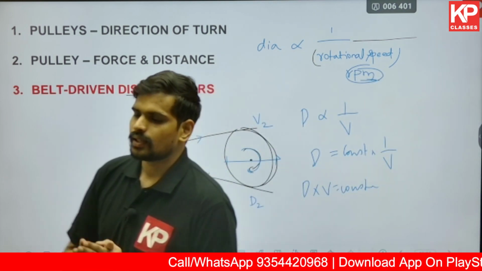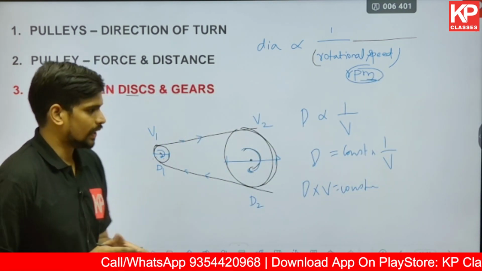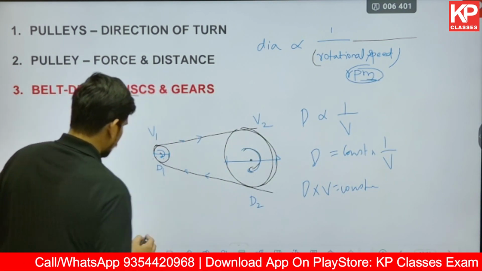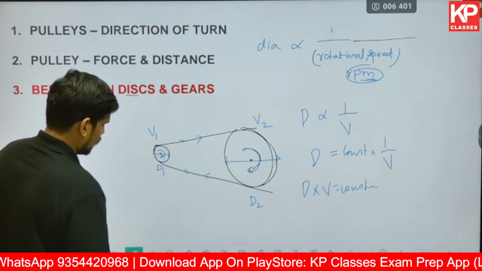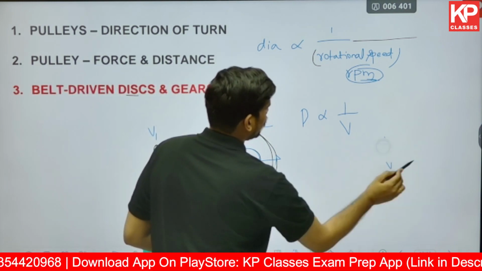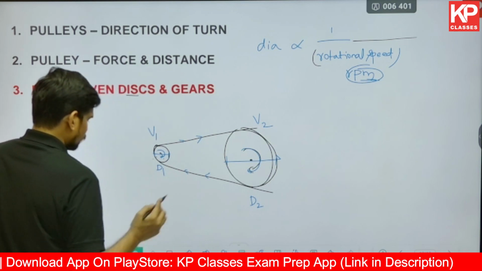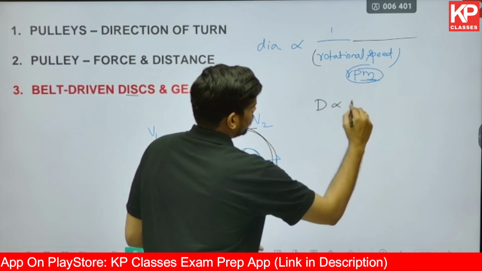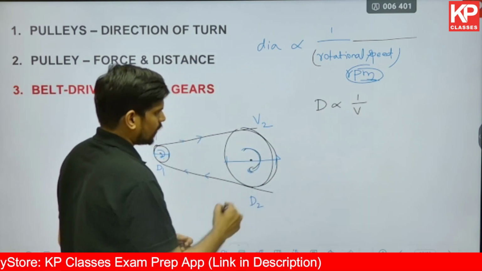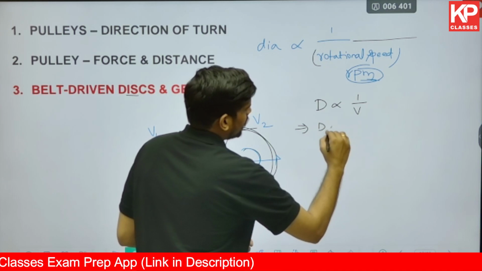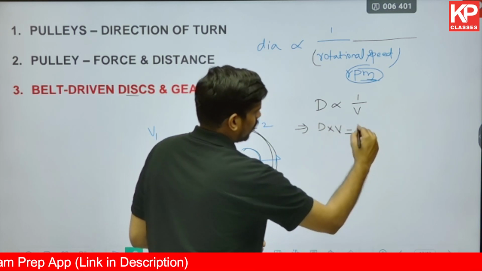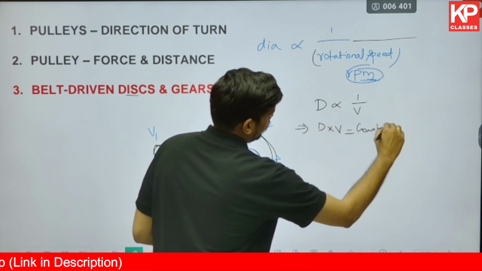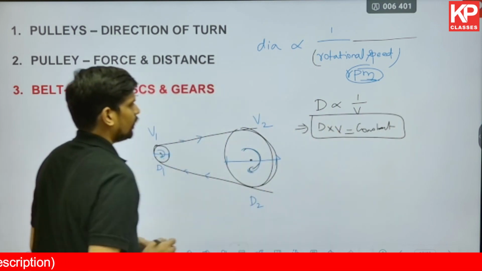The diameter multiplied by the rotational velocity should be constant. In other words, diameter multiplied by the rotational velocity is always constant. This is the concept we have to remember.